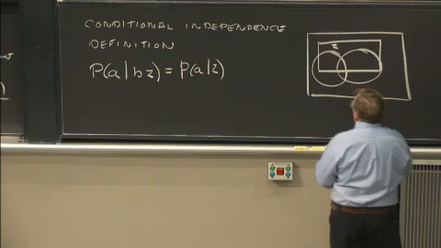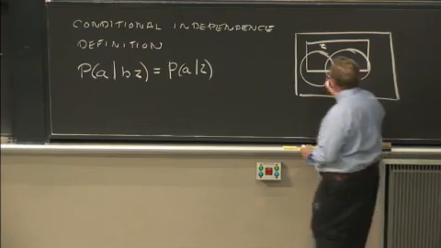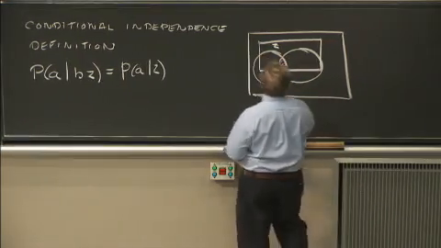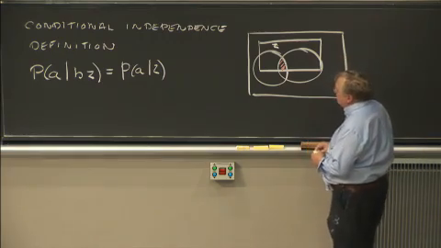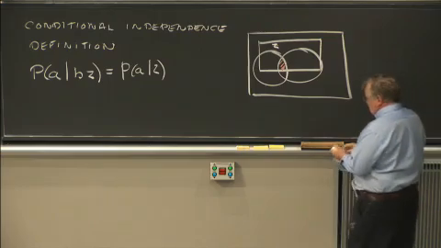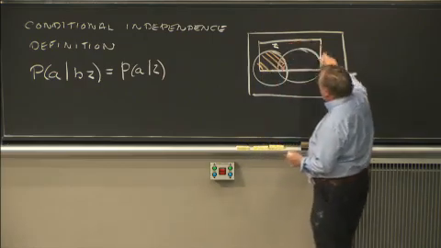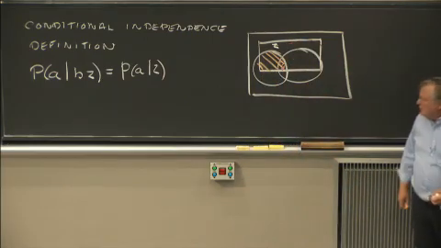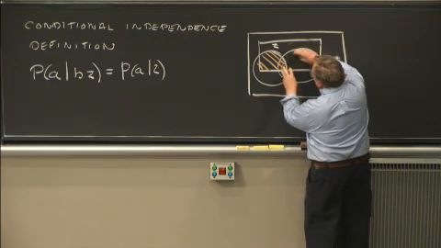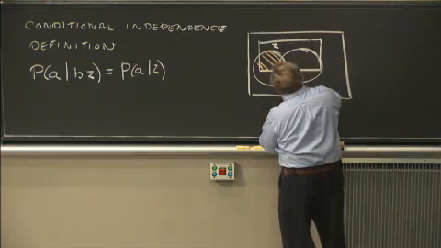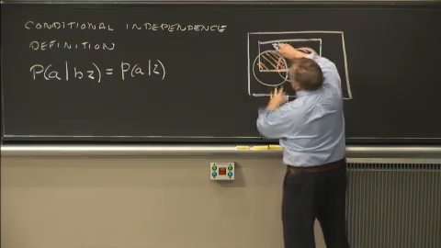So the probability of A given B and Z is this piece in here. A given B and Z is that part there. And the probability of A given Z is this part here, divided by all of Z. So we're saying that the ratio of this little piece here to this part, which I'll mark that way, the ratio of this to this is the same as the ratio of that to that.